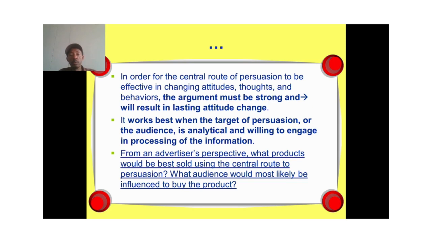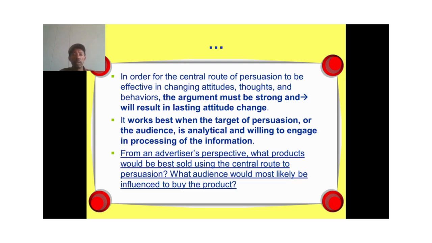What audience would most likely be influenced to buy the product? ለምሳሌ አንድ እቃ ወይም አንድ ፕሮዳክት ለማስተዋወቅ ትፈልጉ በቴሌቪዥን ወይም በሬዲዮ ምን አይነት ሰዎች ናቸው በዚህ ሞዴል ኢንፍሉዌንስ የሚደረጉት? እርግጥ ቅድም ተናግሬዋለሁ። ምን አይነት ፕሮዳክቶች ናቸው በዚህ ሞዴል ማስተዋወቅ የምንችለው? ይህንን ሴንትራል ሩትን በመጠቀም ምን አይነት ፕሮዳክቶችን፣ እቃዎችን፣ ሸቀጦችን ወይም የተለያዩ ነገሮችን ማስተዋወቅ እንችላለን? እንደገና ደግሞ ምን አይነት ሰዎች ናቸው በዚህ ሴንትራል ሩት ቱ ፐርሱዌሽን ቶሎ ያንን ፕሮዳክት የሚገዙ ወይም አቲቲዩዳቸውን ቼንጅ የሚያደርጉት?